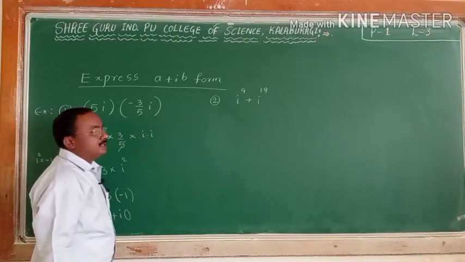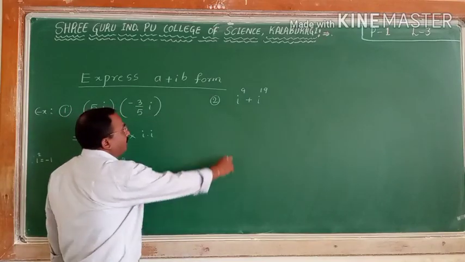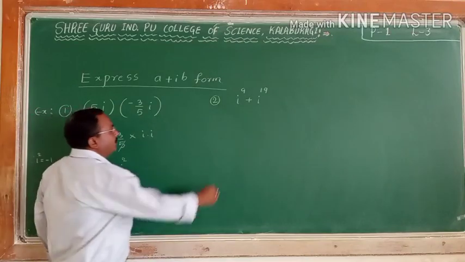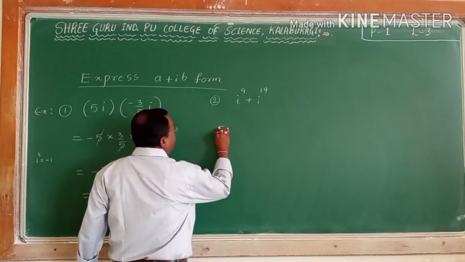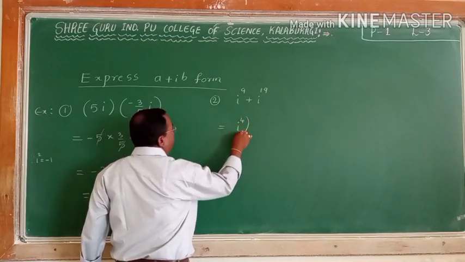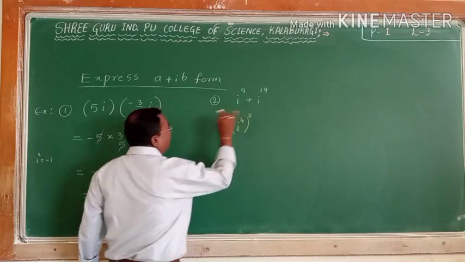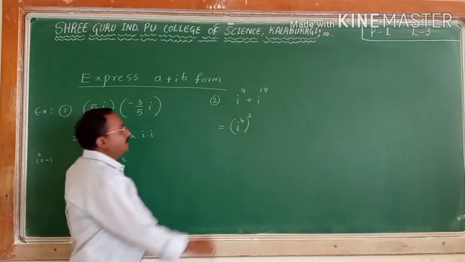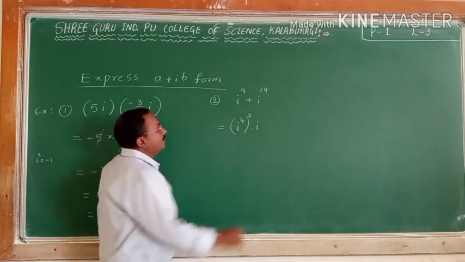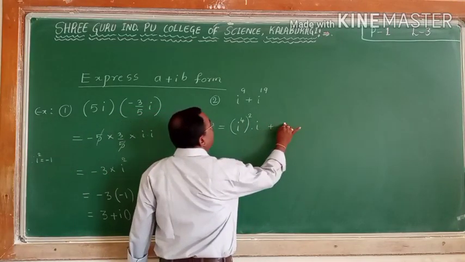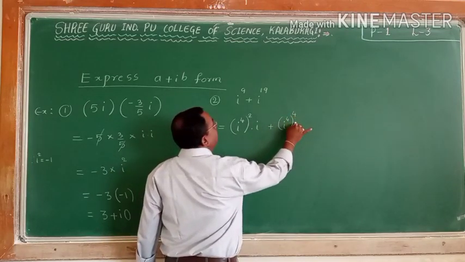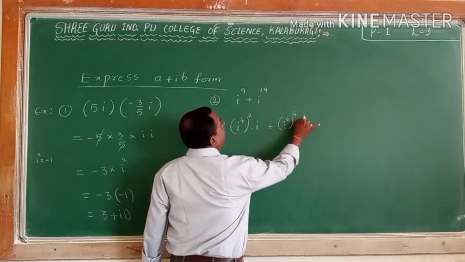Convert the powers to the smallest, in base 4 form. 9 can be expressed as i power 4, 4 twos are 8, remaining 1, so i. Plus i power 19: 4 fours are 16, remainder 3, so i cube.